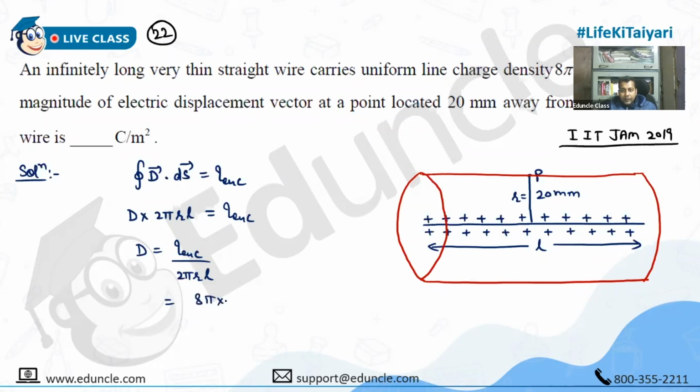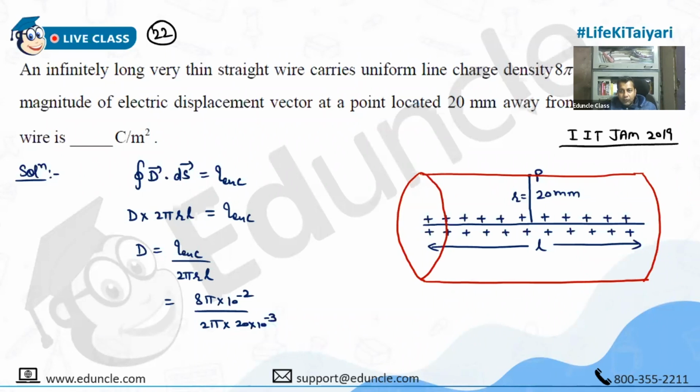So 8 pi. The radius is 20 mm. So it is already charge per unit length, na?